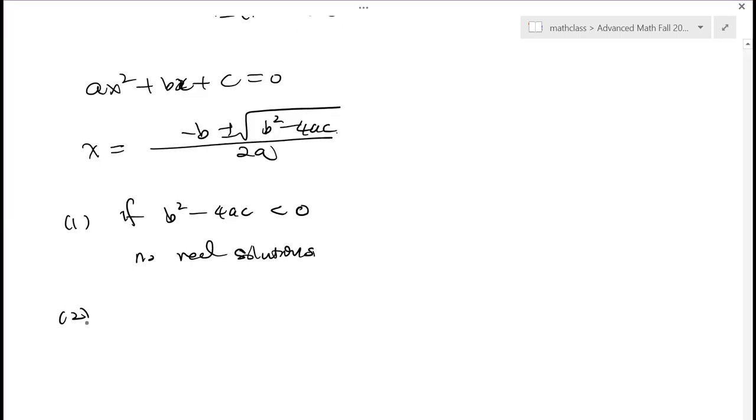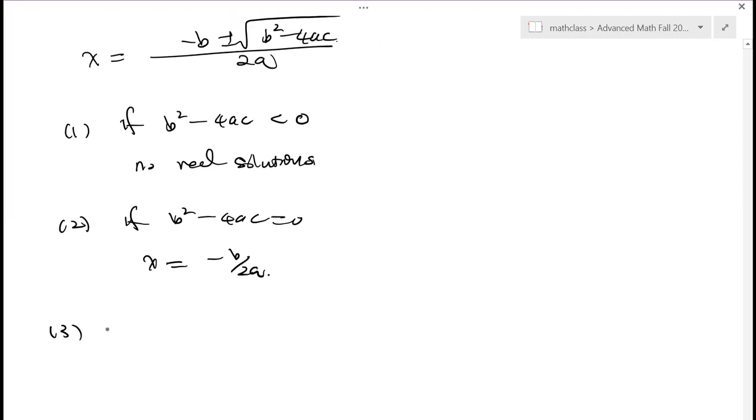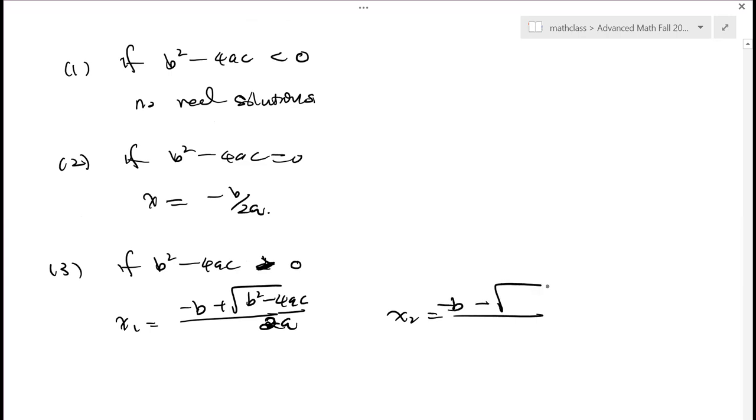And if b squared minus 4ac is going to be 0, then you only have one solution. But if b squared minus 4ac is positive, then you have two solutions. Another solution would be with the negative sign.